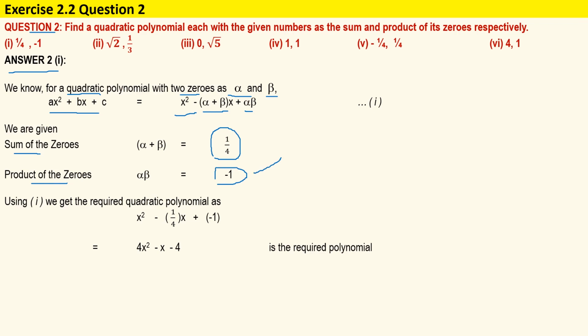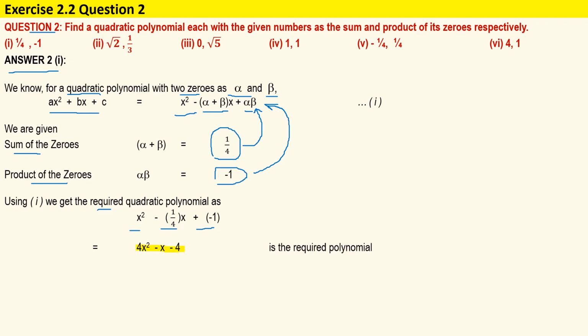So let's enter these two values into our equation, the statement number 1, and based on that we get the quadratic polynomial as x square minus 1 by 4x plus minus 1, which when solved will give us 4x square minus x minus 4.